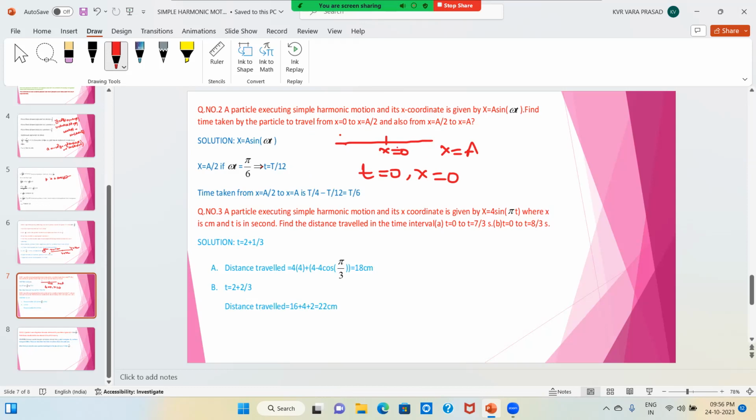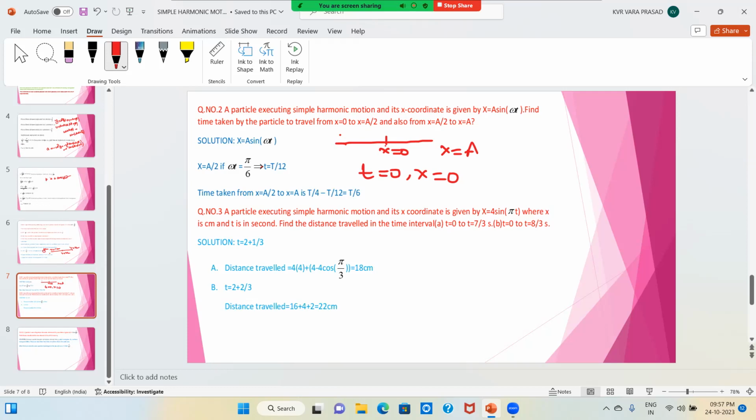In the same way, right extreme to mean position is 1/4 oscillation. From mean position to left extreme, 1/4 oscillation. And again from left extreme to mean position, 1/4 oscillation. So this totally is one oscillation.